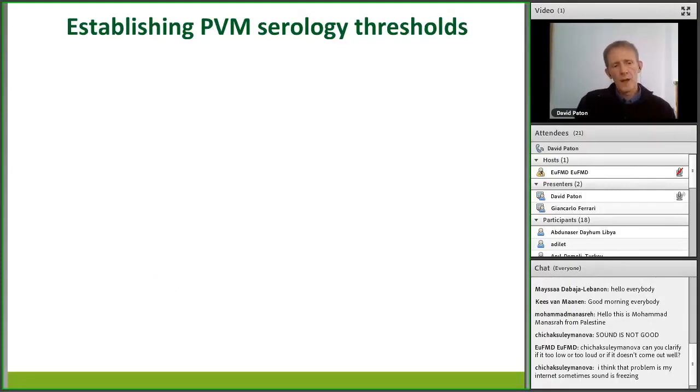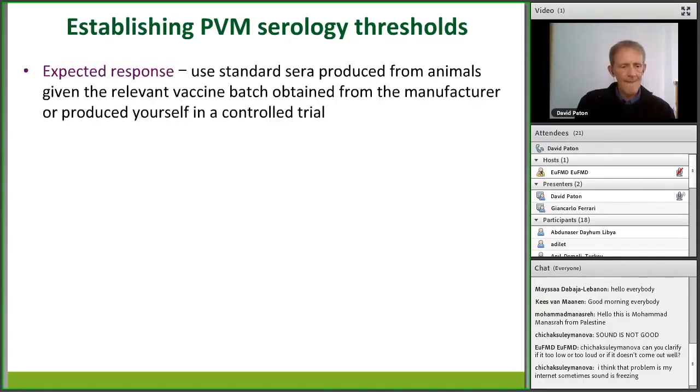So after all that, what are the actual simple solutions for establishing your PVM serology thresholds? Here are a range of possibilities. First of all, you can look at the expected response to vaccination and not worry so much about whether it's actually protective or not.